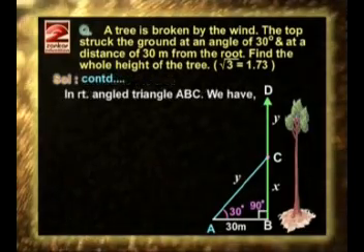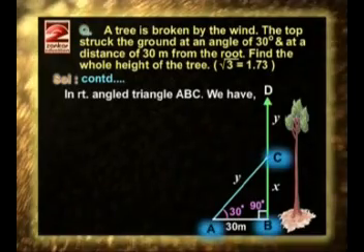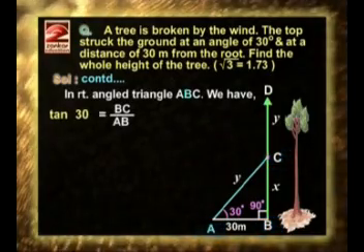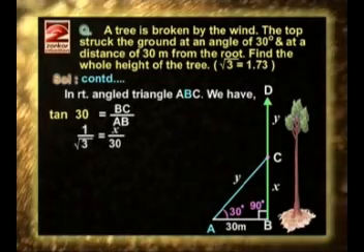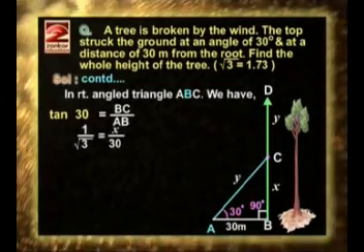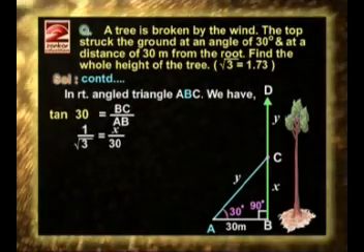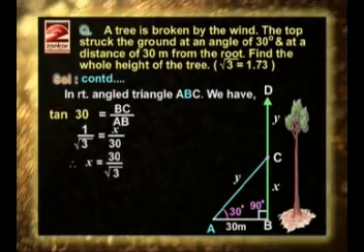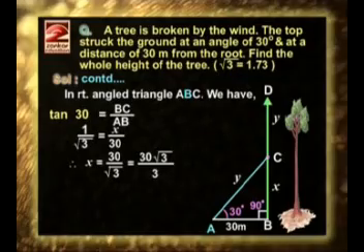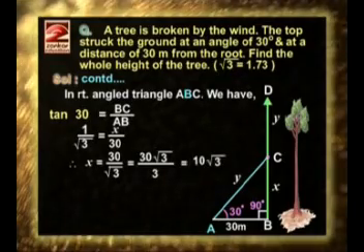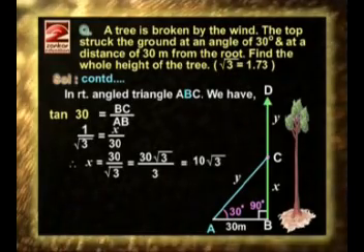In right angle triangle ABC, we have tan 30 is equal to BC upon AB, that is equal to 1 upon root 3 is equal to X upon 30. Therefore, X is equal to 30 upon root 3, that is equal to 30 root 3 upon 3. That is equal to 10 root 3.